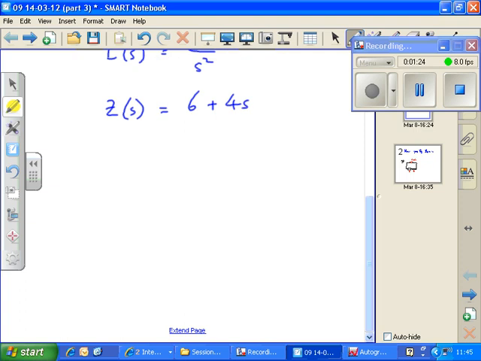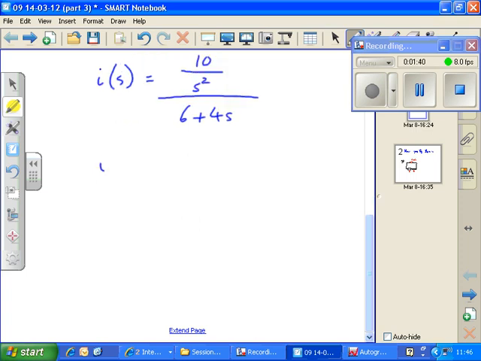Putting these into Ohm's law, 10 over s squared over 6 plus 4s. Again, bringing the s squared down, as we did before, we get I(s) equals 10 over s squared into 6 plus 4s.